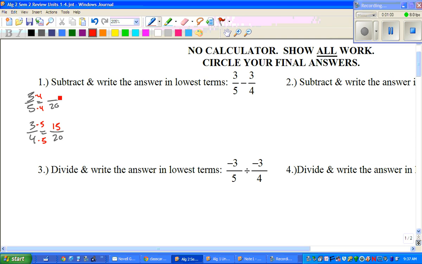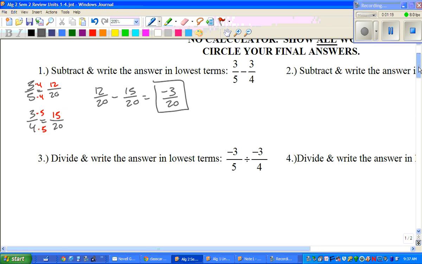We have to multiply by 4, and we get 12. Remember that what you do to the top, you have to do to the bottom. Okay? And then when you subtract those two, you get negative 3 over 20. And you always want to check if you can reduce. And since we can't, we're going to circle our answer.